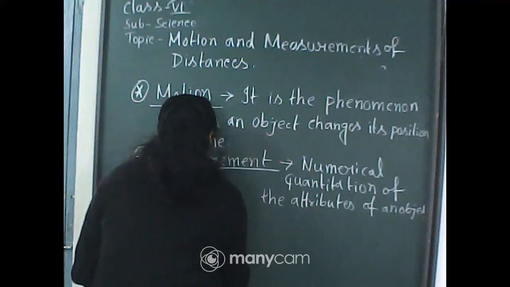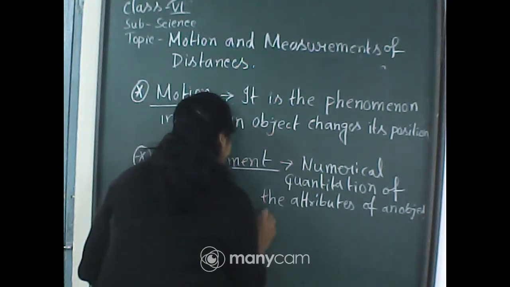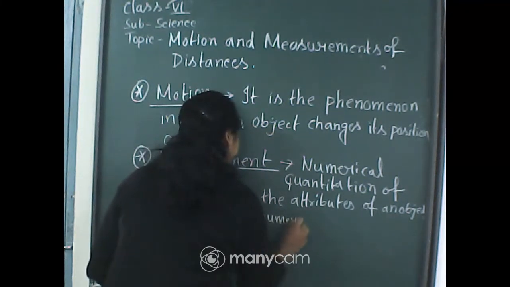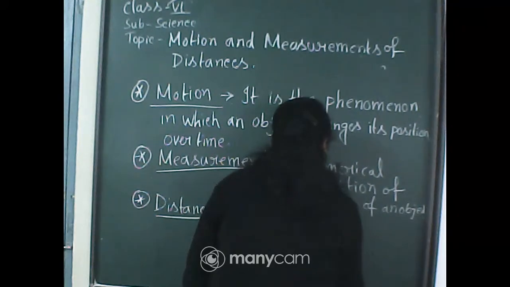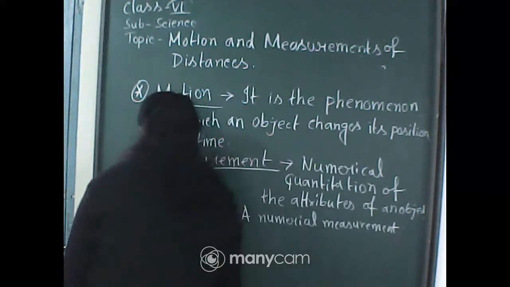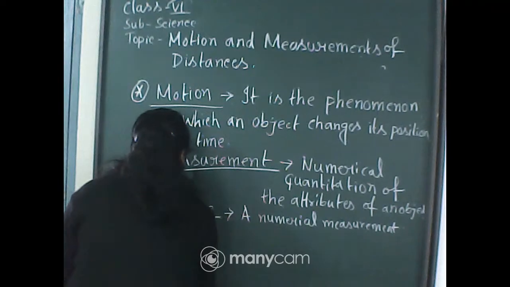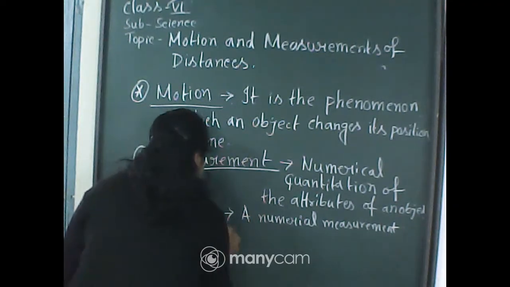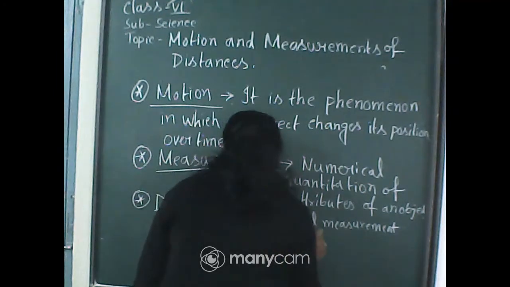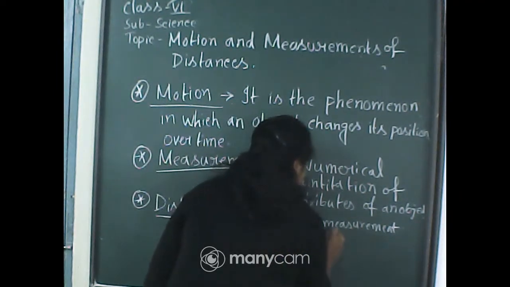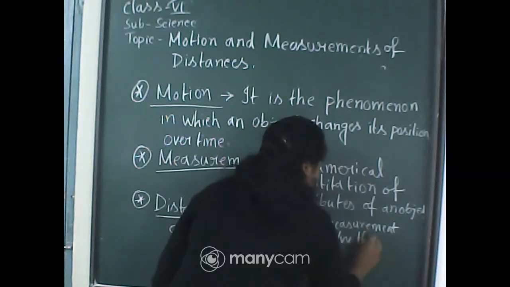You can write, a numerical measurement or physical distance, the amount of space between things.